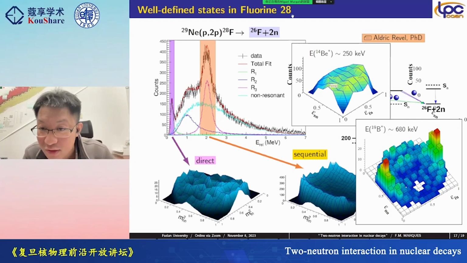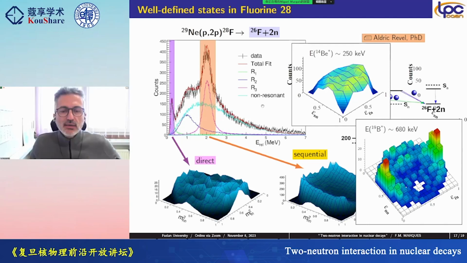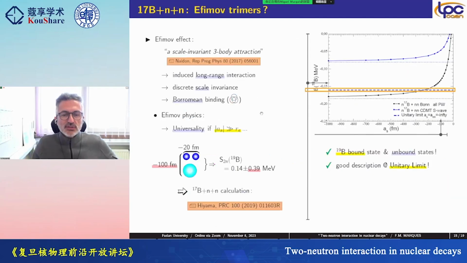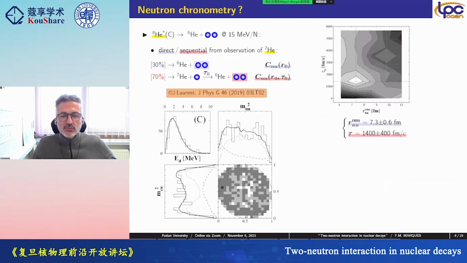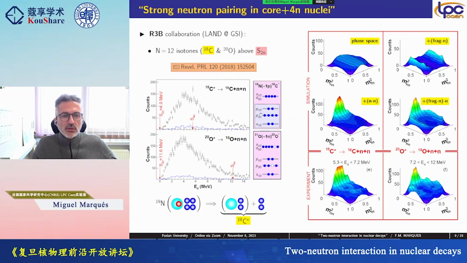So the first thing is it's possible to emit several neutrons at the excited states for not so neutron-rich nuclei. So this was our motivation in this work, because at the time we were doing experiments at RIKEN to measure the emission of several neutrons in unbound systems, like hydrogen-7 and others.